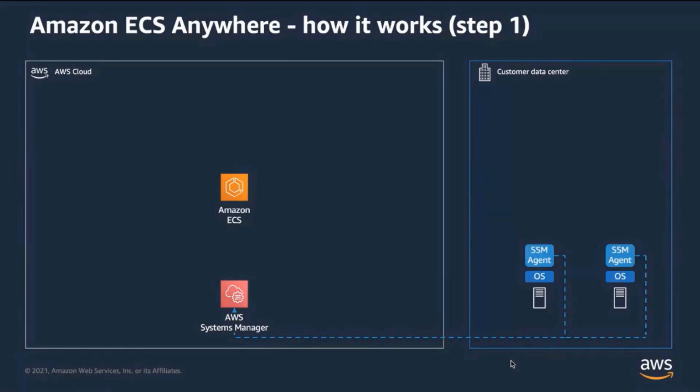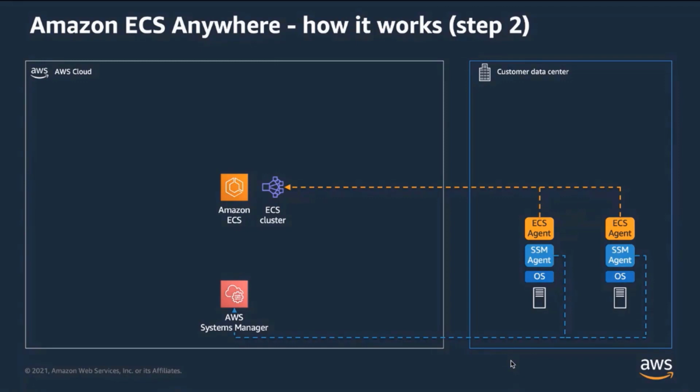So the first step is to install the SSM agent. Once you have done the SSM agent installation, the next step is to install the ECS agent. The ECS agent is very similar to what you're running on an EC2 or on a Fargate instance. It's just expanded to support the self-managed compute scenario. And it does the same thing.